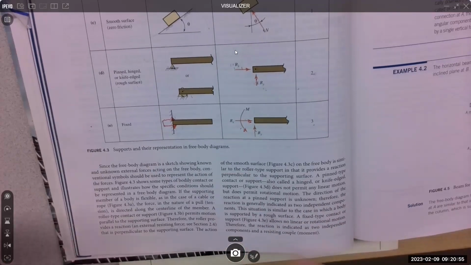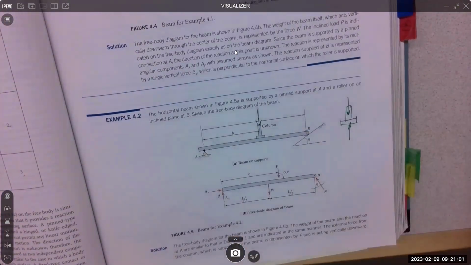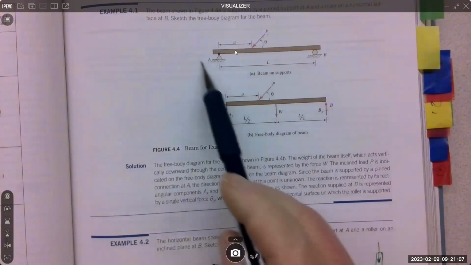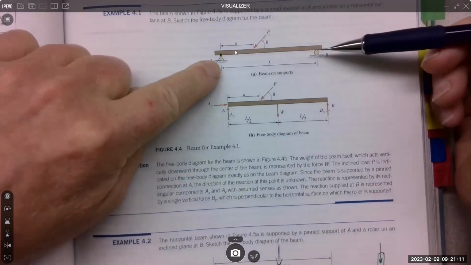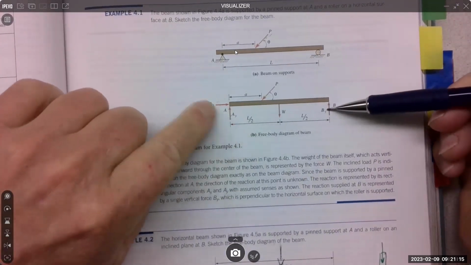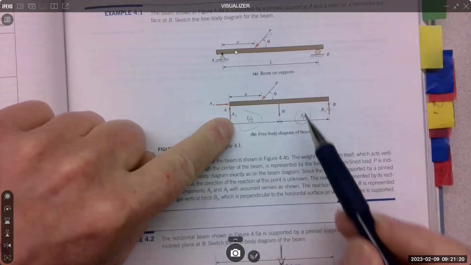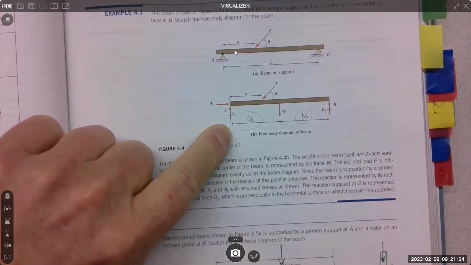All right, so the first part of this chapter is just being able to draw the free body diagram. What's important with the free body diagram is that you take a given system and you remove all of the supports and put in the appropriate reactions, put in all the distances, and label the reactions. Very important.